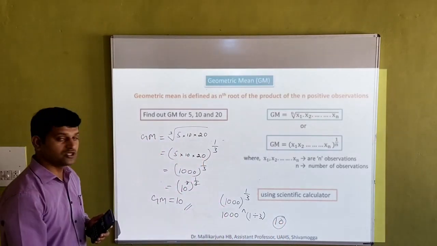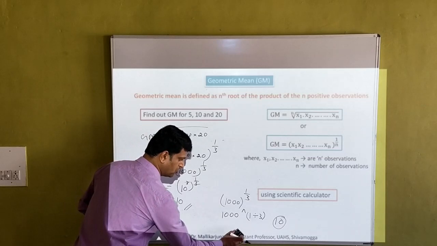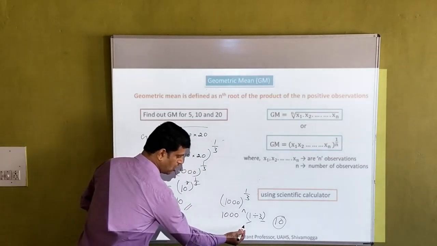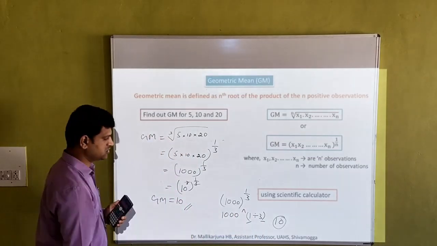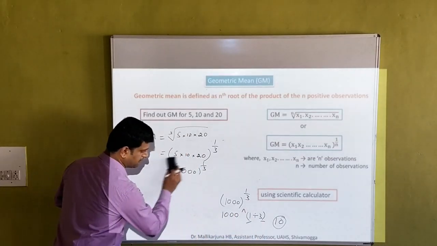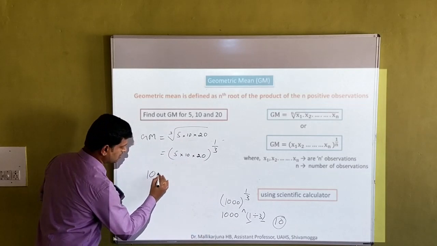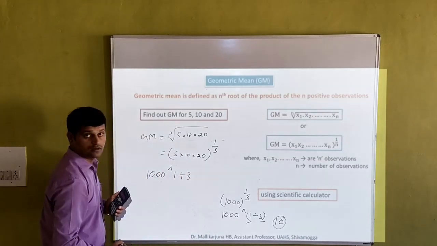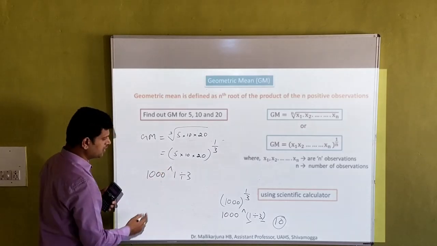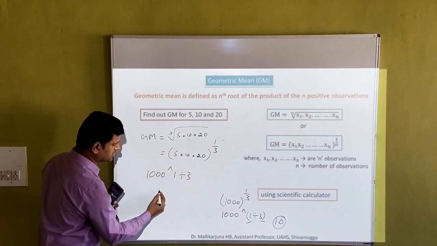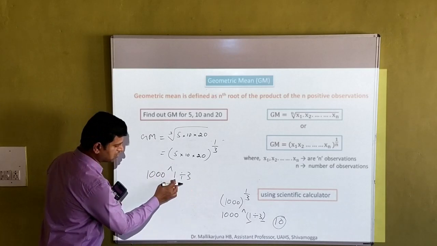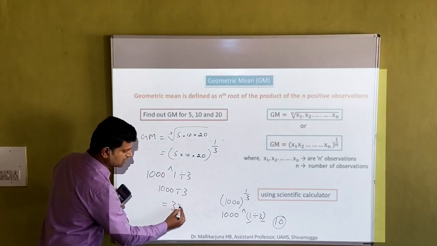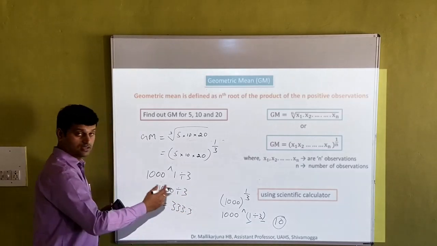The common mistake is that if you don't use these brackets, the calculator will automatically give wrong results. If I take 1000 power 1 divided by 3 without brackets, the calculator takes 1000 to the power 1 first, then divides by 3, and the answer will be 333.3.